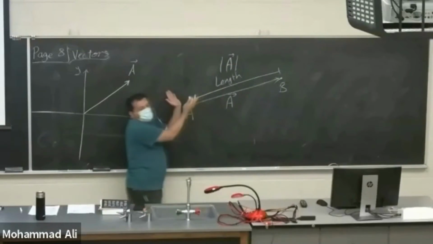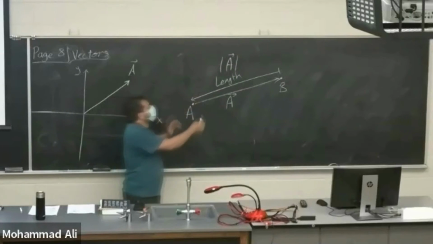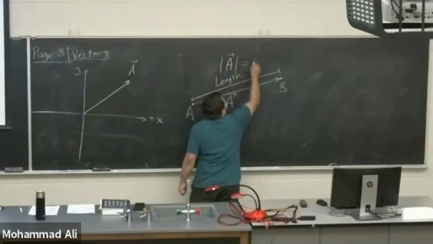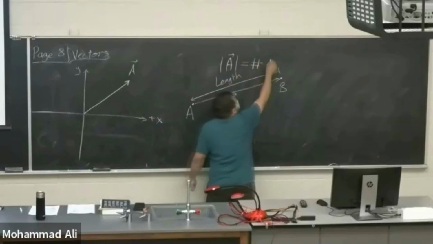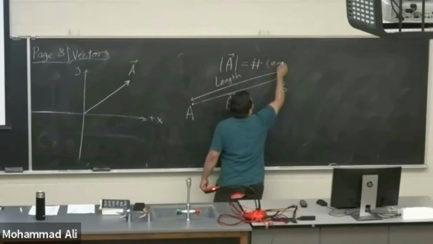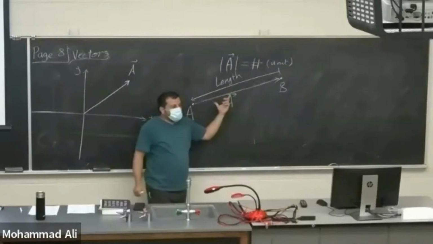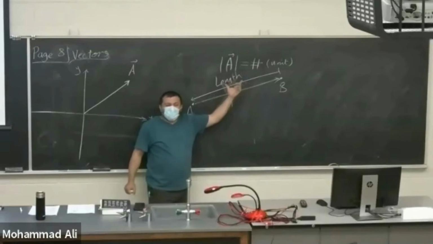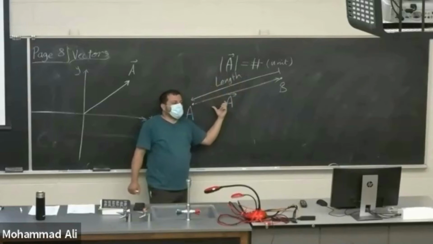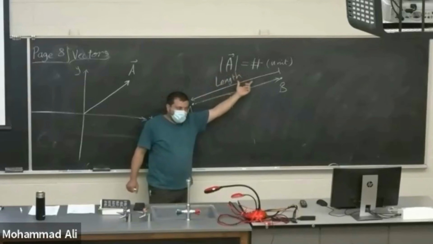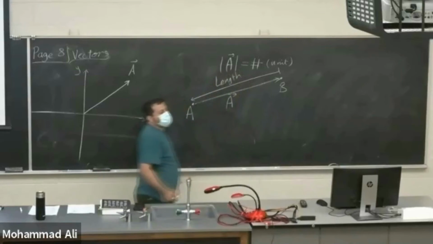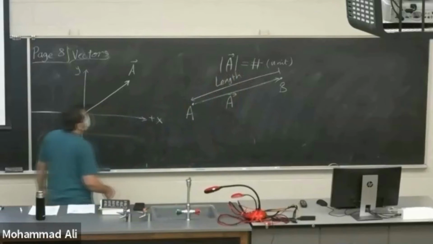So this is the magnitude of A. It is just a number with a unit. Maybe if this vector is a displacement, the unit is a meter. If this vector is a force, the unit is Newton. If this vector is a velocity, it's meter per second. We will see that, and by solving examples, we will know more.